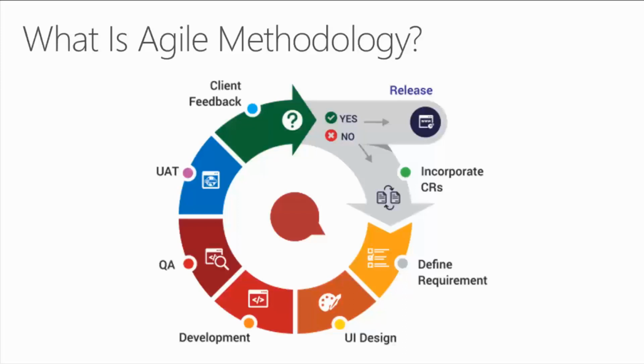So notice this is more of a circular approach. So this is the fundamental agile methodology that is typically being used. You will also see that there are several other models that incorporate additional details. But in this course, I just want to highlight the fundamental differences between the waterfall approach and the agile methodology.